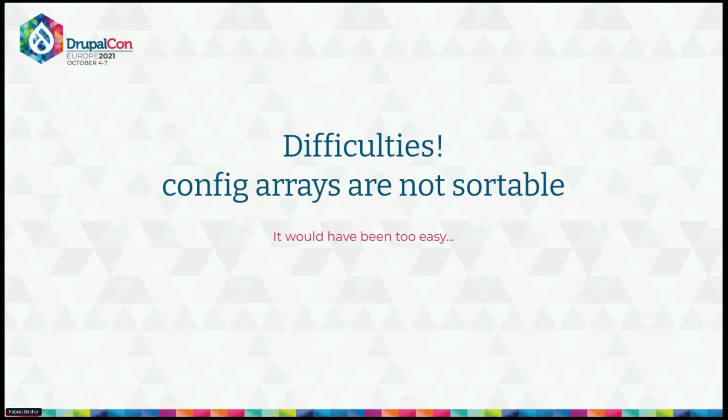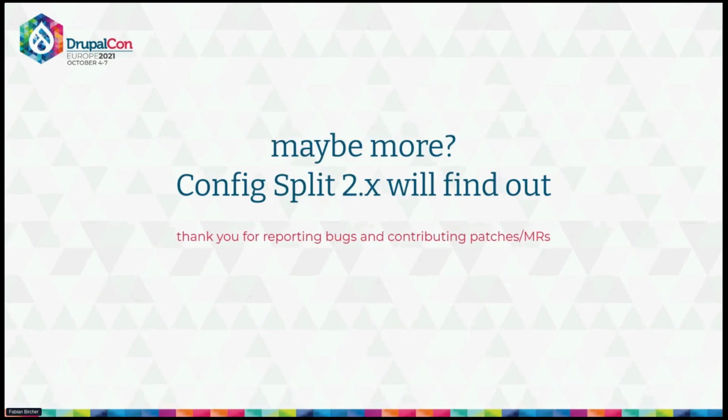So yeah, would have been too easy. There's maybe even more. We will find out when config split is used more. I invite you to try it out and report bugs and contribute patches and merge requests.